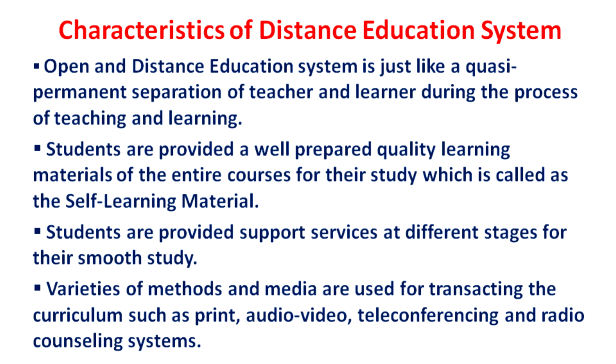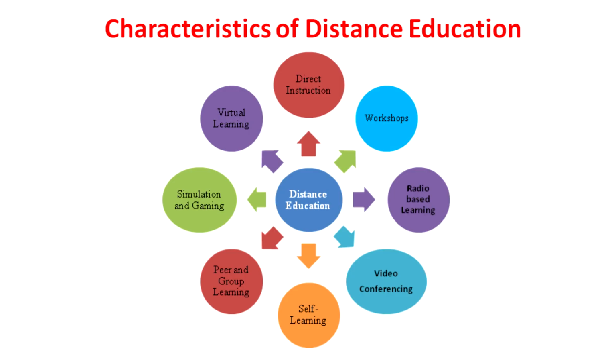Students are provided support services through study centers or regional centers, and to ensure quality in education, proper care is taken in the alternative system of education. These are certain characteristics of the distance education system. Direct instruction facilities are there.